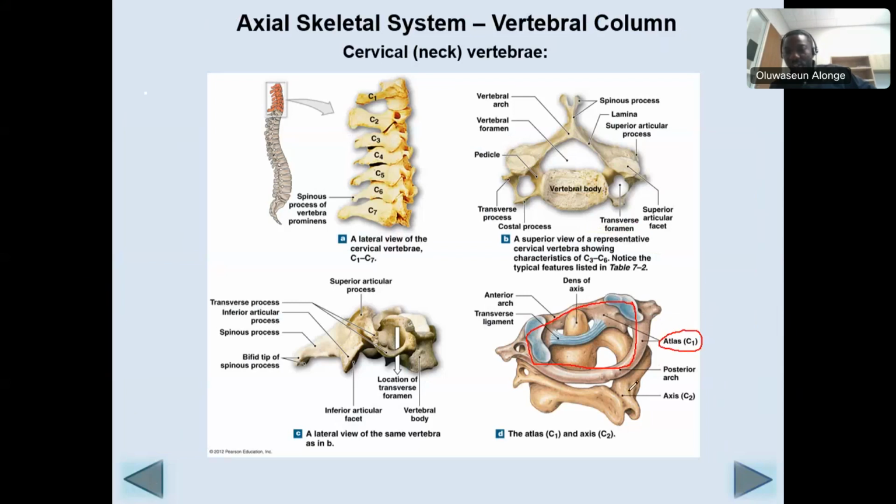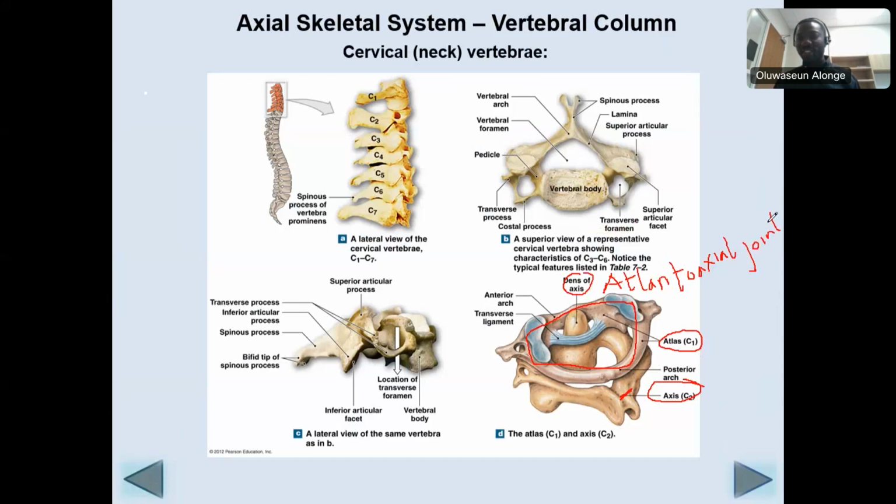Now, the second bone here that has a dens, we call it axis. This is C2. Now, key thing that you see, these bones make a joint here, and the name of that joint is called the atlantoaxial joint. Now, don't mix it up. It's not Atlanta, okay? They make atlantoaxial joints.